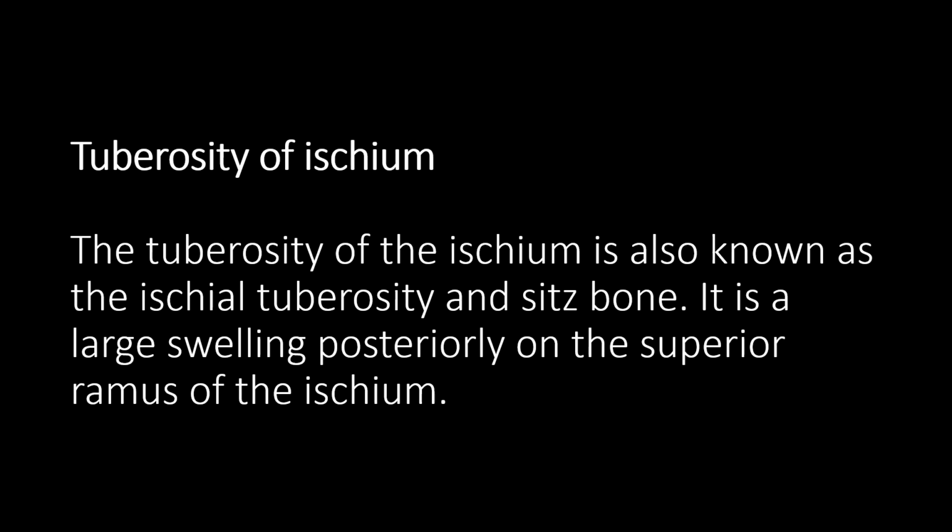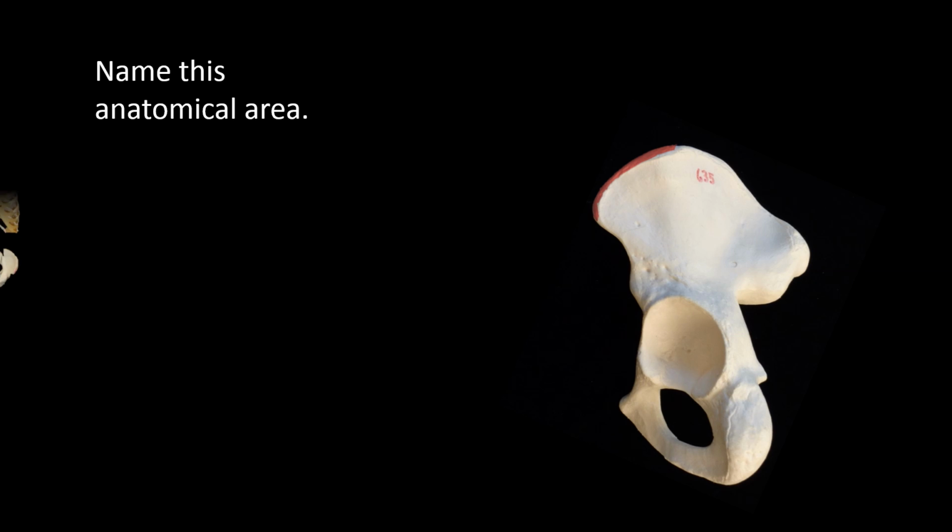Tuberosity of ischium. The tuberosity of the ischium is also known as the ischial tuberosity and sitting bone. It is a large swelling posteriorly on the superior ramus of the ischium. Name this anatomical area.